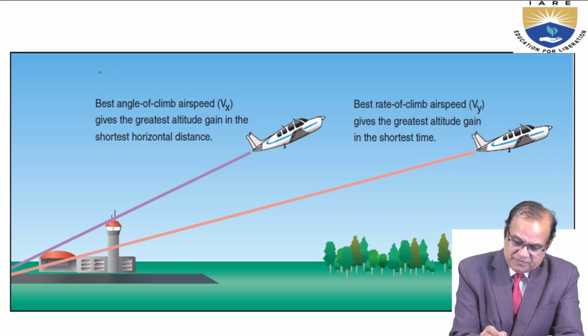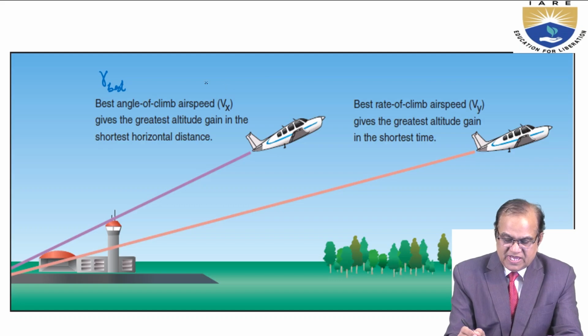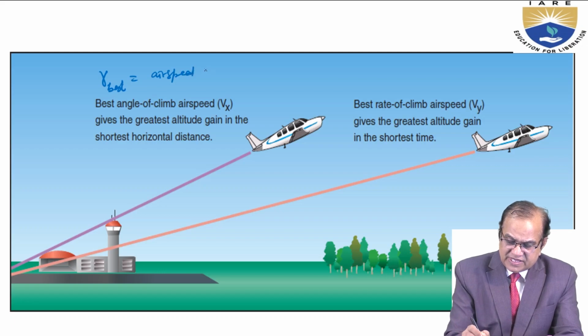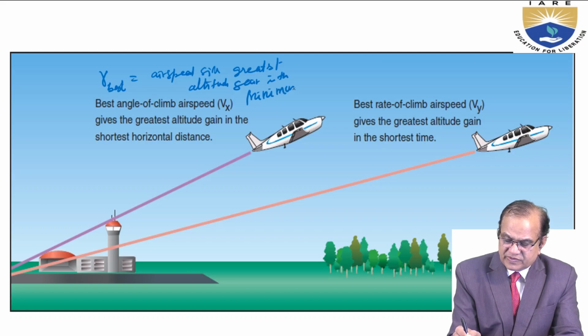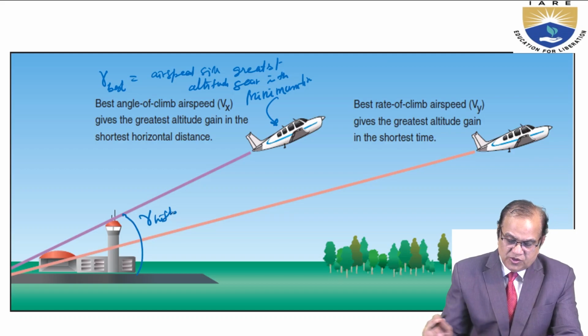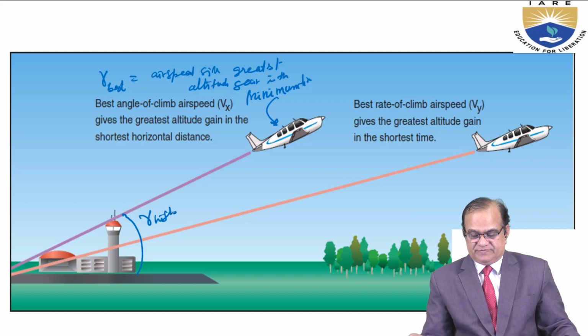So if it is a best angle, gamma best, at the airspeed that gives the greatest altitude gain. This is a condition for this. This angle of climb gamma is high. So this is called the best angle of climb.